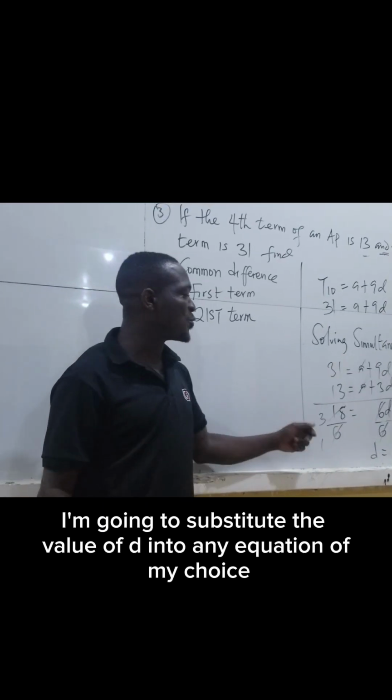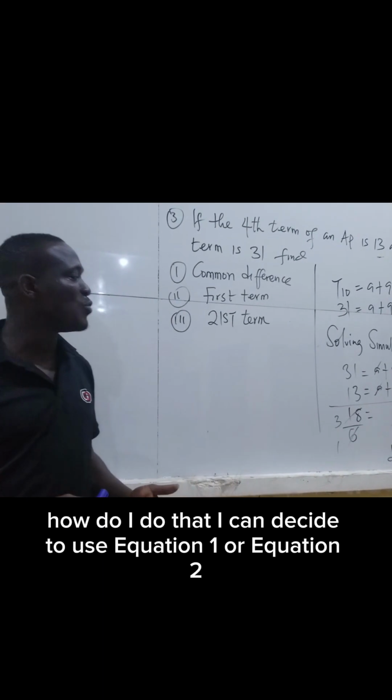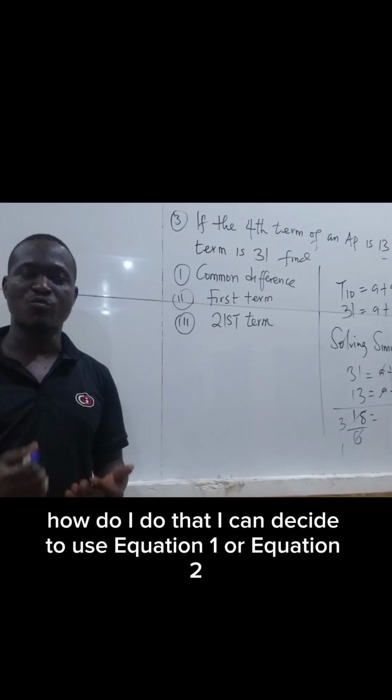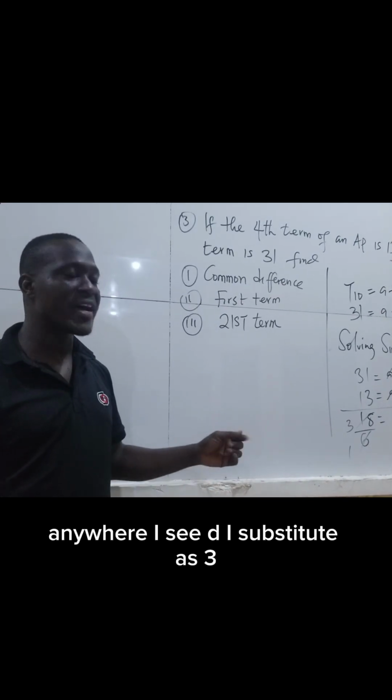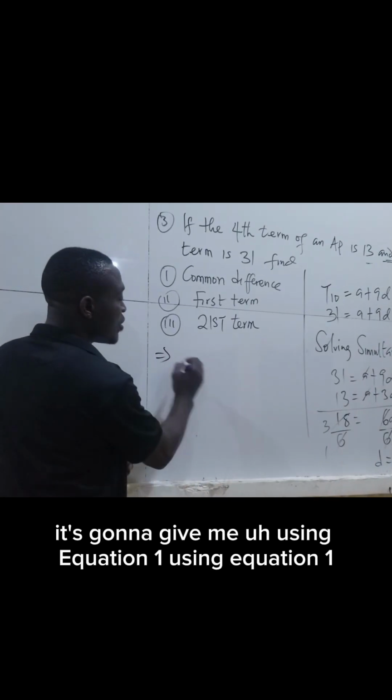I'm going to substitute the value of D into any equation of my choice. How do I do that? I can decide to use equation 1 or equation 2. Anywhere I see D, I substitute 3.